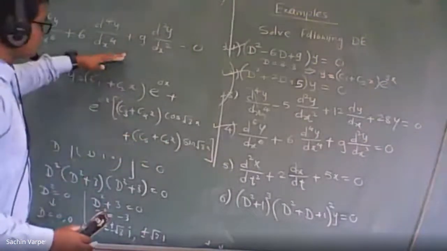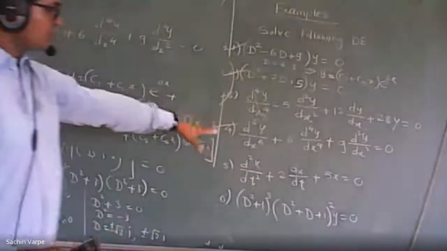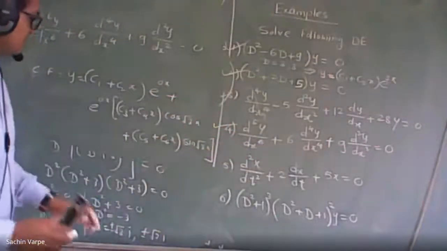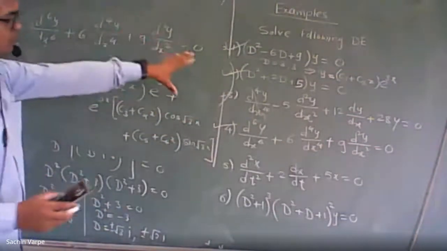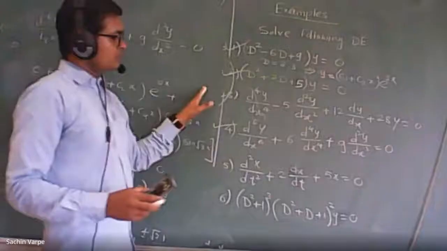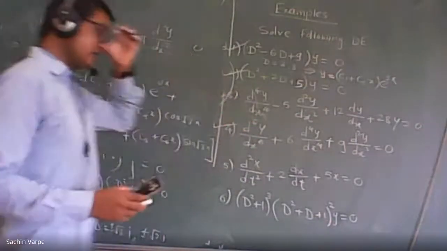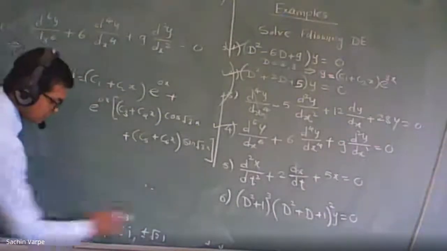Please don't get confused. If the order is more, that is again very easy. The complementary function just depends on the method of the solution, how you are obtaining the solutions.